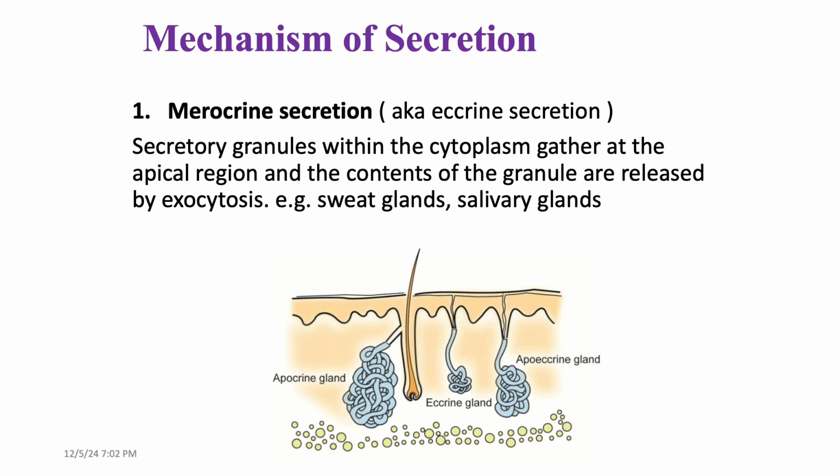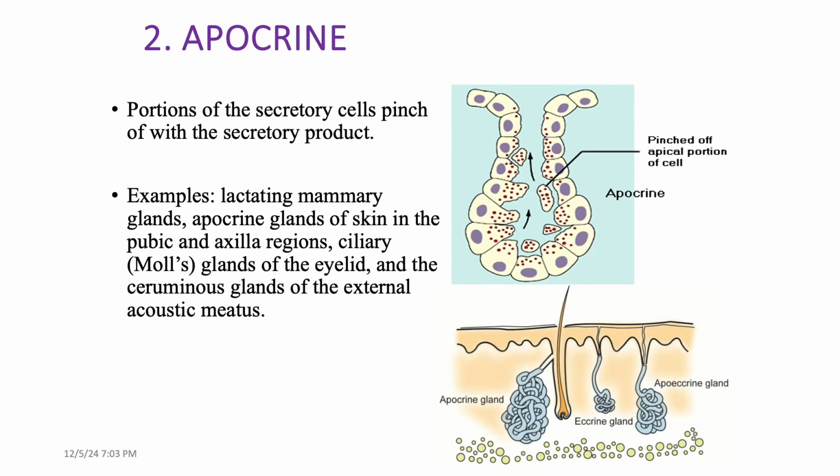Okay, so note that. Then we will also look at the apocrine type of secretion, where portions of the secretory unit itself pinches off and adds to the secretory product. Okay, so it adds to it, and together it is secreted. So once portions of the secretory portions or the glandular portions are pinched off and are contained in the product as well, we call that secretion an apocrine secretion.